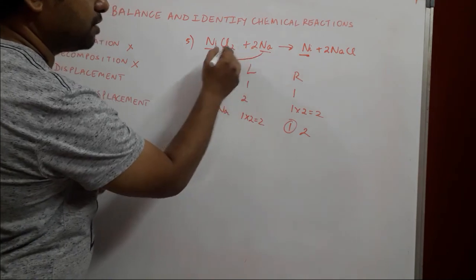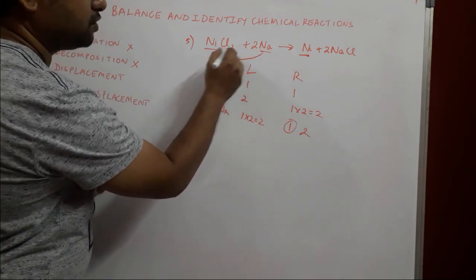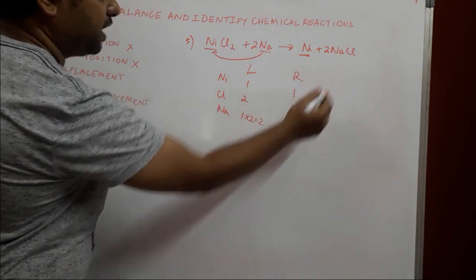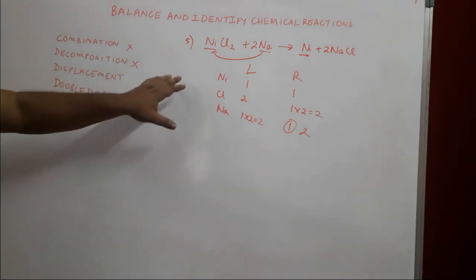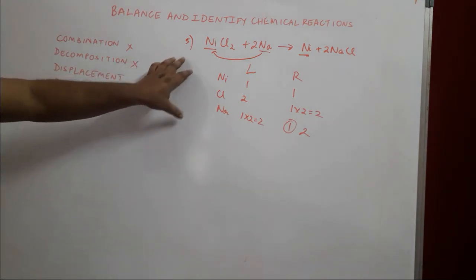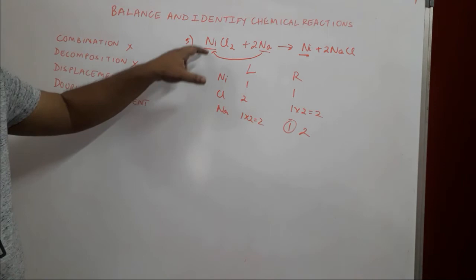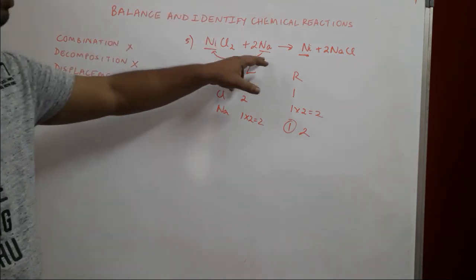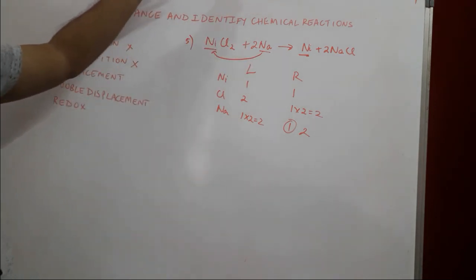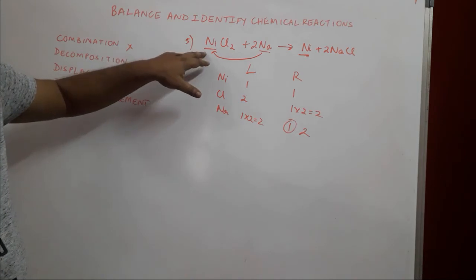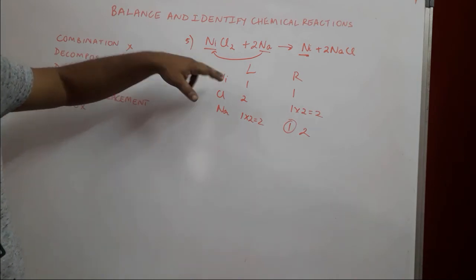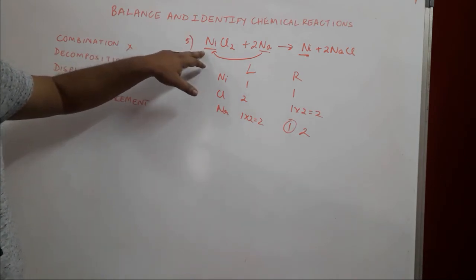So sodium combines with chlorine to form sodium chloride, and if you have a look at the activity series, you will find that sodium is above nickel. The ones which are higher up can knock the ones out from their ionic solutions and come in place of them.